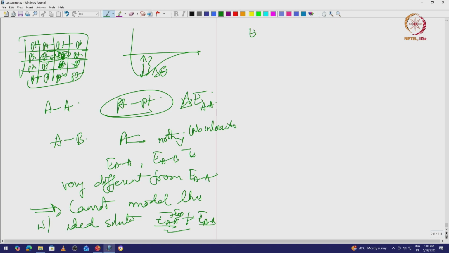Rather we have E_AB, which is different and probably smaller than E_AA in this case. So this is 0, this is some finite value, right.